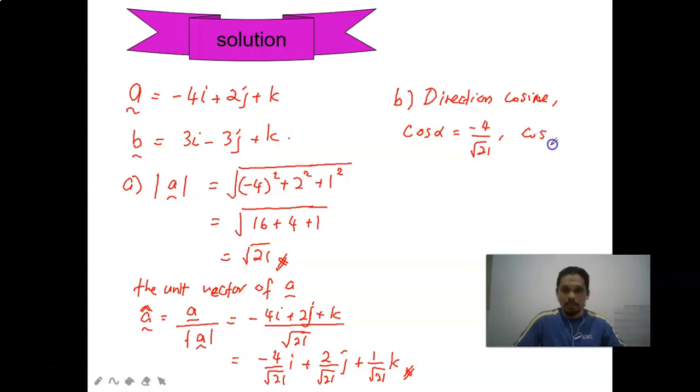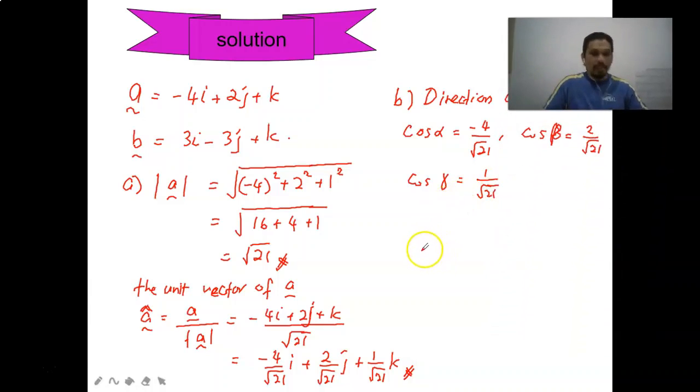Okay, cos beta equals 2 divided by the square root of 21, and cos gamma equals 1 divided by the square root of 21.